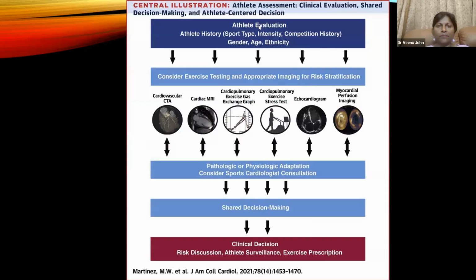So when we look at athletes who are symptomatic, we are going to be stratifying them and getting an array of investigations, from a CT coronary angiogram to an MRI to a CPET and a myocardial perfusion study, to finally find out what the pathology is. And then accordingly, we will suggest to them whether they can actually go ahead with any form of sports or not.